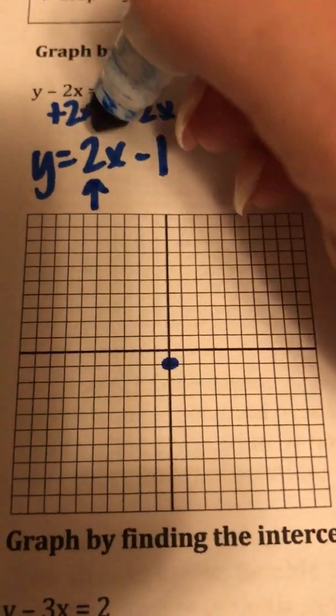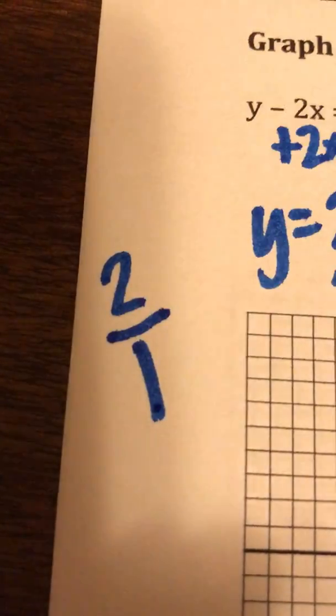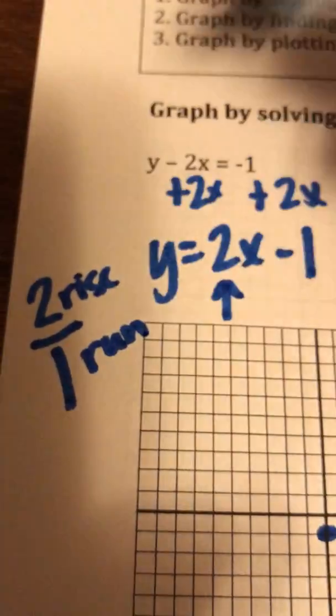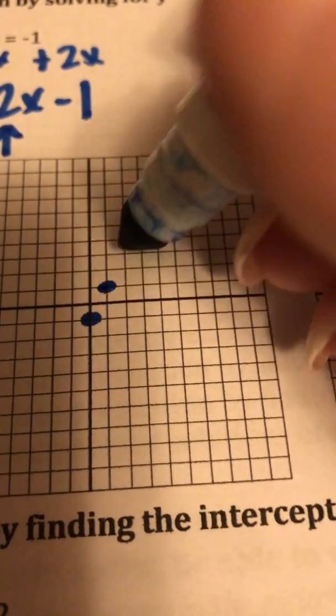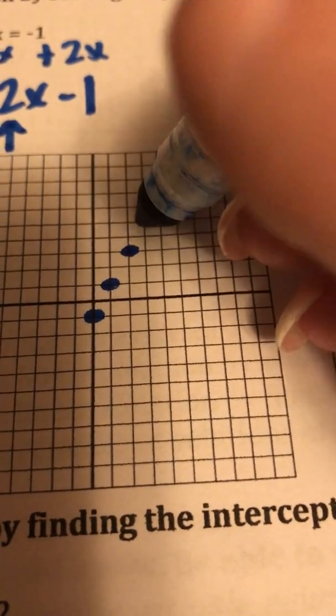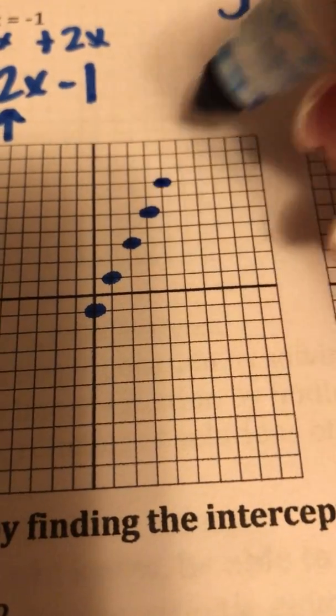And since this is a whole number 2, remember if we have a whole number, that 2 is actually 2 over 1. So our slope is a rise of 2, a run of 1. Now we can go back to our y-intercept, go rise 2, run 1, rise 2, run 1, like that.